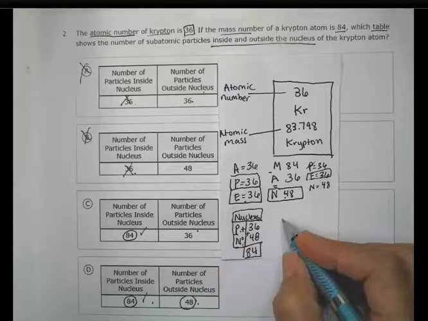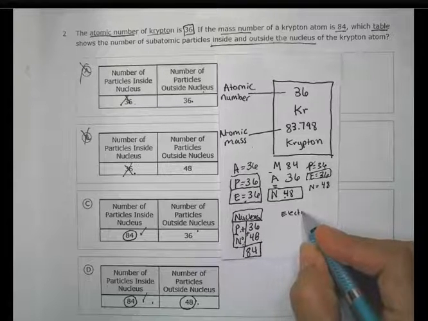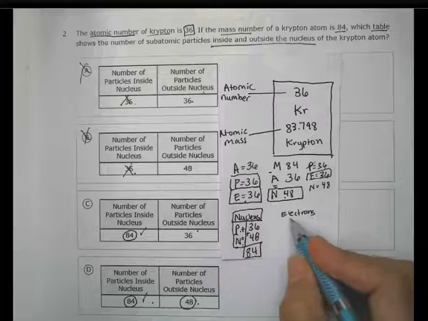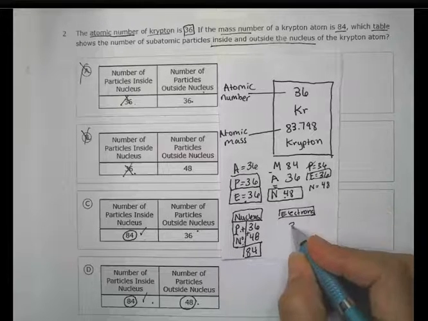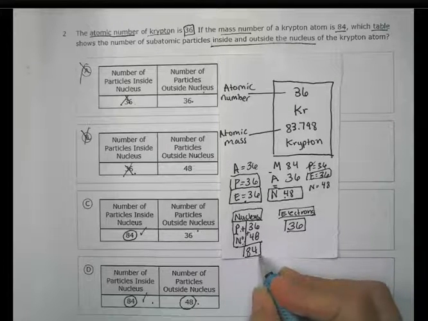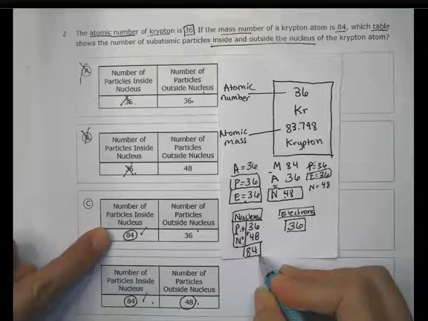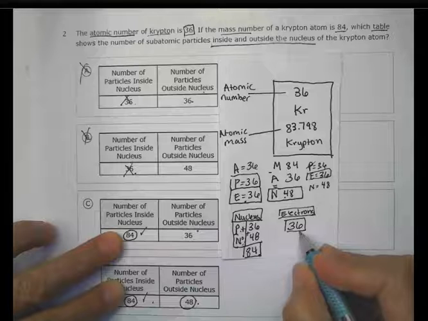So here I'm going to put electrons, which go in the electron cloud, which means that they surround the nucleus, they go outside the nucleus, is going to be 36. So then 84 inside the nucleus. There we go. These two could be it. And 36 outside the nucleus.